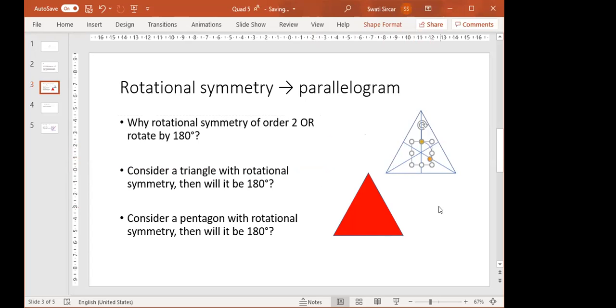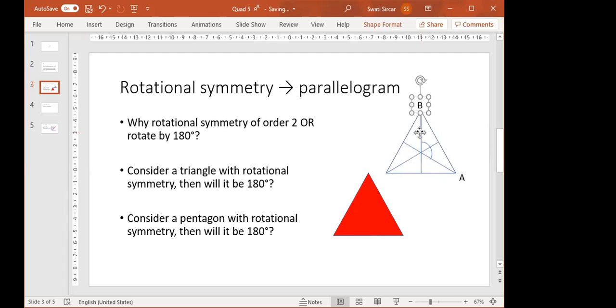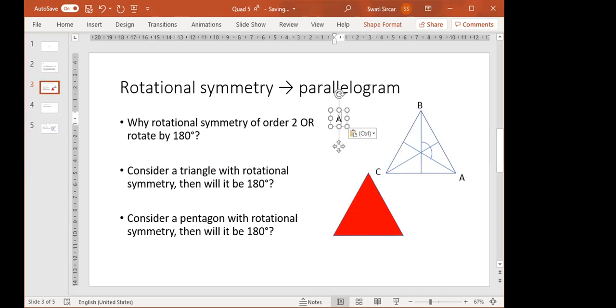Now, if you consider this angle, see that is how much. And let's call the center O.